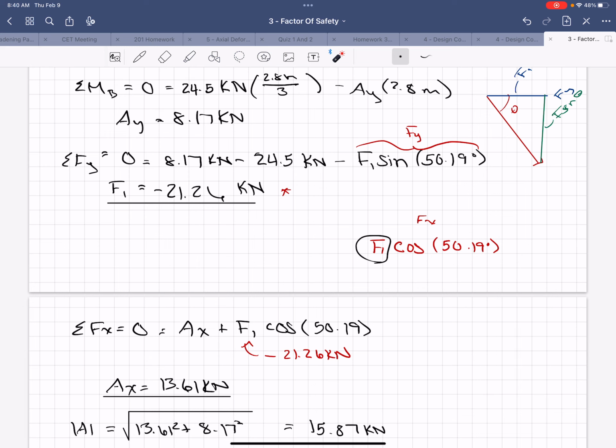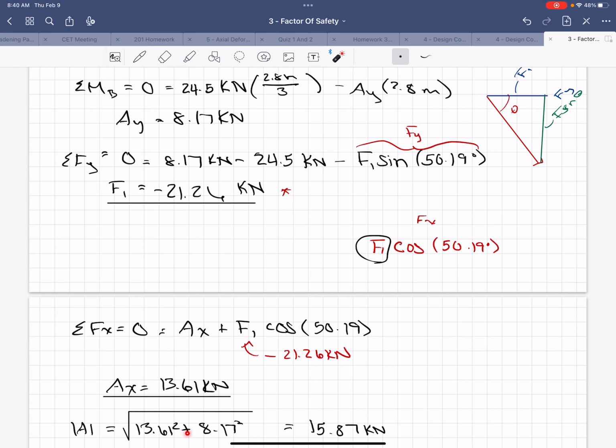Since we're working on a pin, we're going to need the resultant force acting on the pin. So we took the square root of the sum of the squares, AX squared plus AY squared, and got a resultant A force. Okay, so we did so much statics. It was great. Now we're going to do the mechanics of materials part.